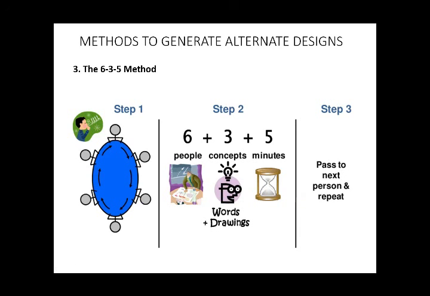The next method of generating alternate designs is actually a very interesting method. It is a collective method of generating ideas. This is called the 635 method. A team of 6 people will be sitting at a round table or in a conference room, and each of them will be asked to write down 3 design concepts of a particular design problem.